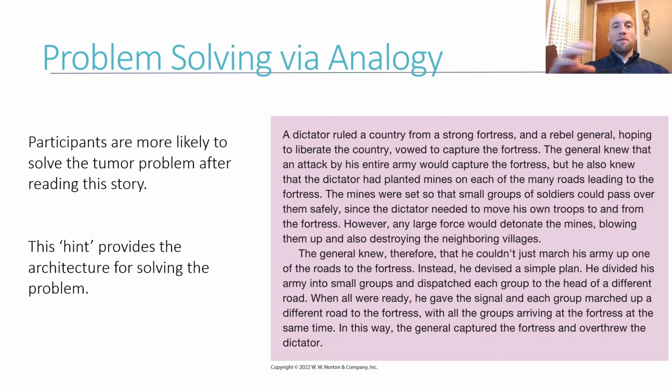But how do I do that without being detected? Well, I need to send different soldiers from different sides all at once. And the solution to the tumor problem is obviously to use many different light rays from all different angles so that it doesn't damage any of the tissue, but all the light rays converge on the tumor and hopefully destroy the tumor.